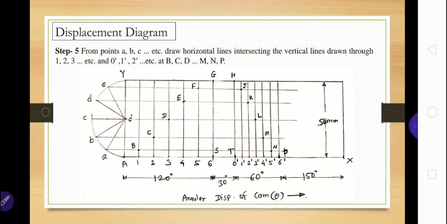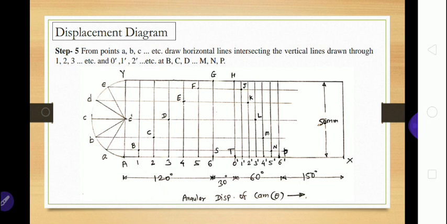And the next step is, from these points small a, b, c, d, draw the horizontal lines intersecting these vertical lines drawn through 1, 2, 3, 4, 5, 6 and 0 dash, 1 dash, 2 dash, 3 dash, 4 dash, 5 dash, 6 dash, so that whenever these horizontal lines and vertical lines intersect with each other, you will get some points.